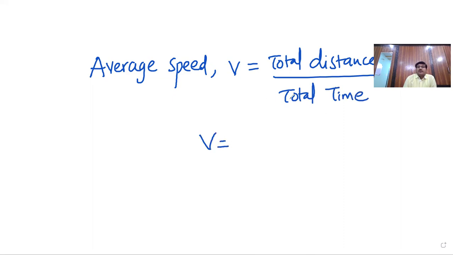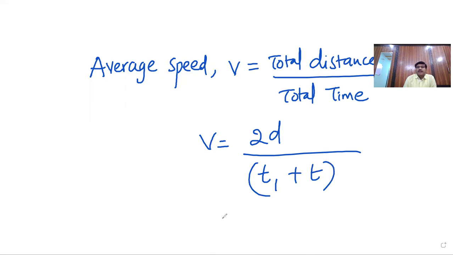The total distance we assume is 2d. Total time is what? In the first half t1, in the second half t. Clear? Now v is equal to 2d. What was the t1? We got t1 time in the first half as d by v.